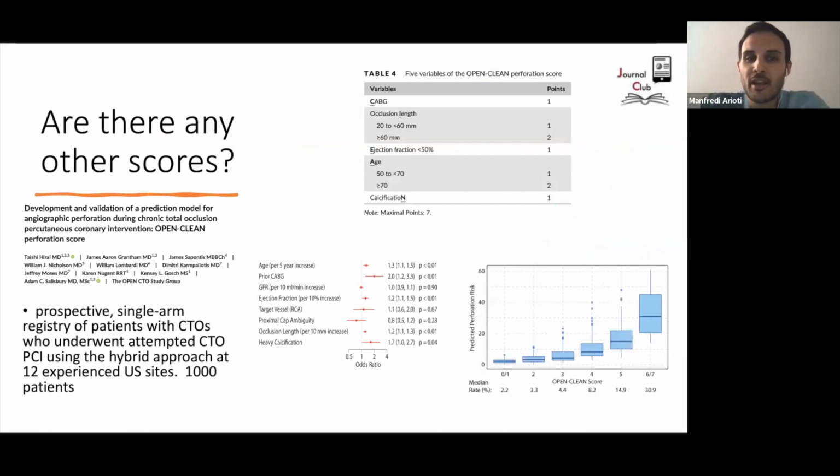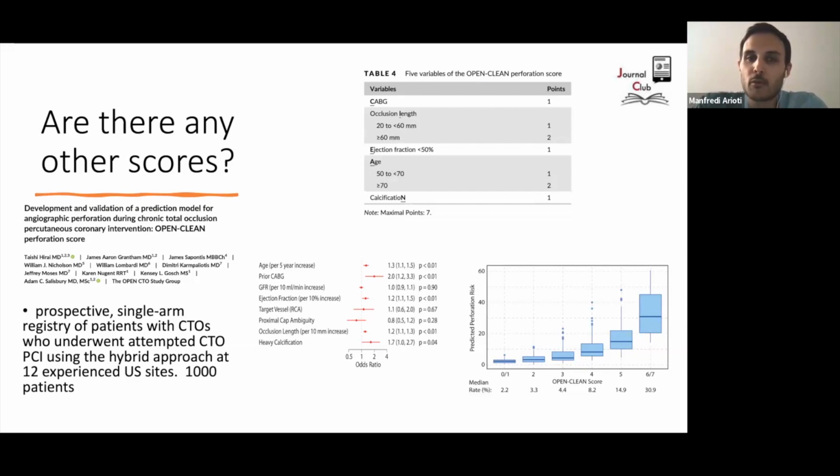And are there any other scores we can compare the Progress CTO perforation score with? There are, and the one score that's available is the Open CLEAN perforation score derived from the Open CTO registry, which is a registry of 12 experienced United States centers on 1,000 patients, and they derived, once again, 5 variables that make up the Open CLEAN perforation score.